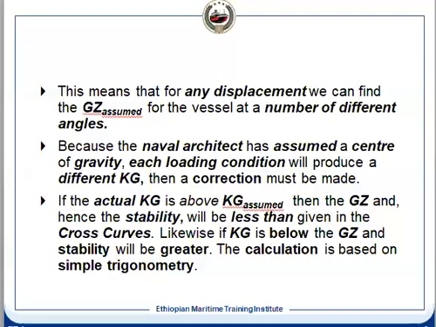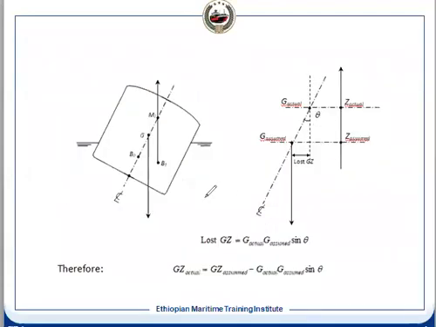Now if we see this diagram, this is the ZZ. This is the assumed one. Now it has moved in the upward direction. That is the G actual. In that case, what will happen?